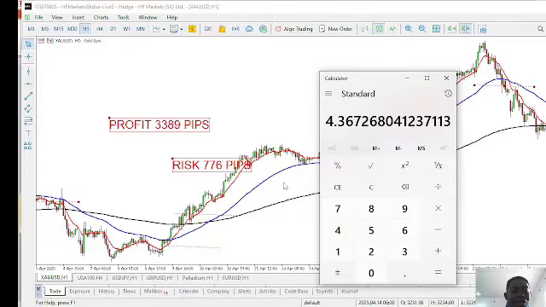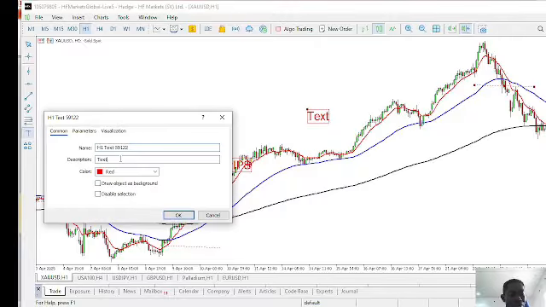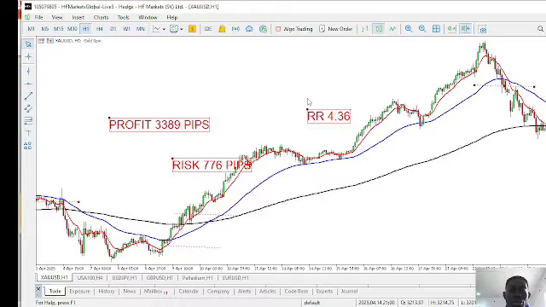Okay, so if I risk 776 pips, my target will be 3,389 pips.